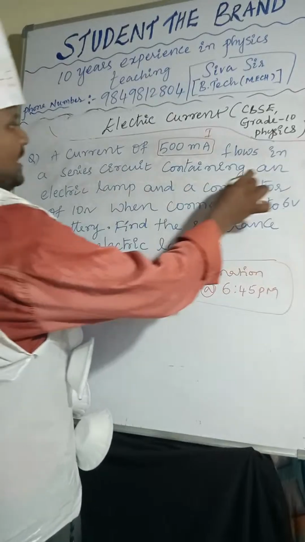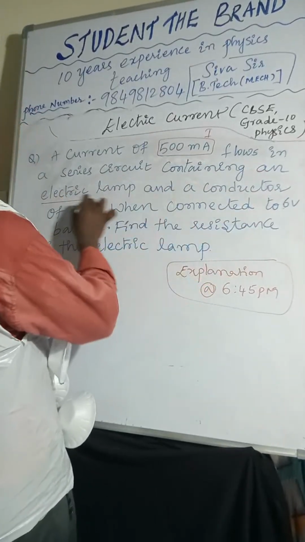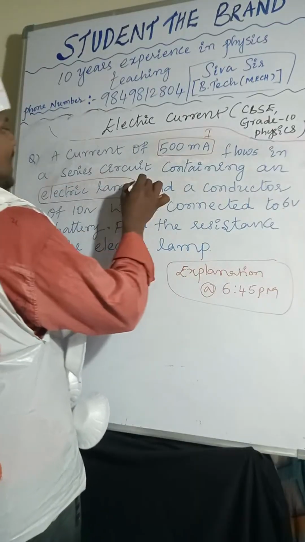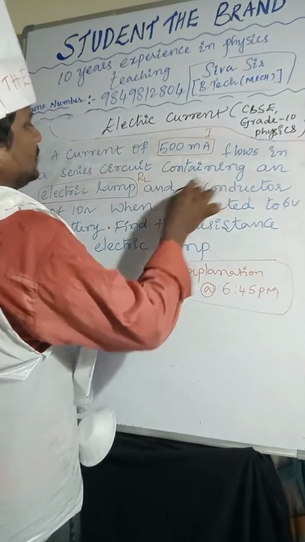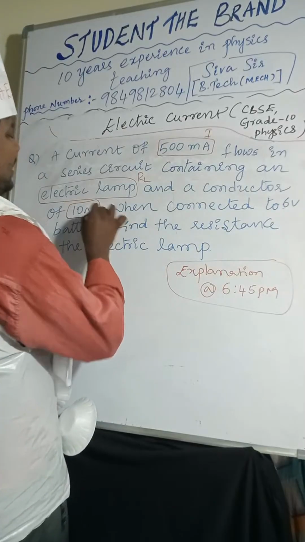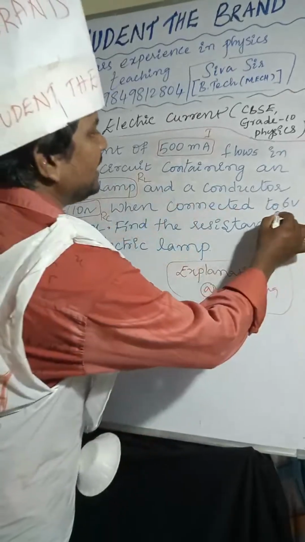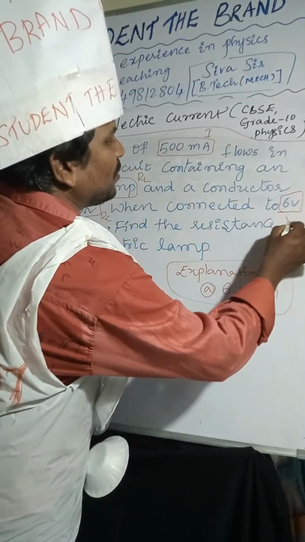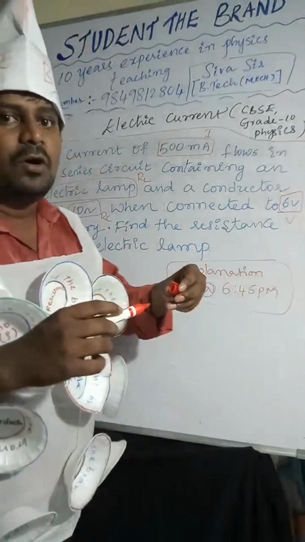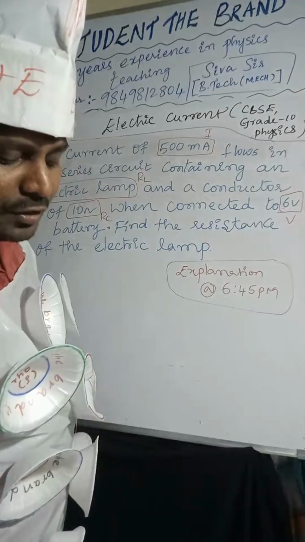The current flows in a series circuit comprising an electrical lamp, so electrical lamp resistance RL, and the conductor RC, you are taking RC. When connected to 6 volts, the potential difference is given. Come on, everybody, do it.